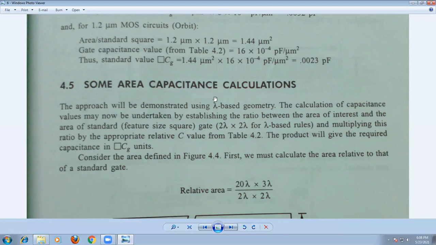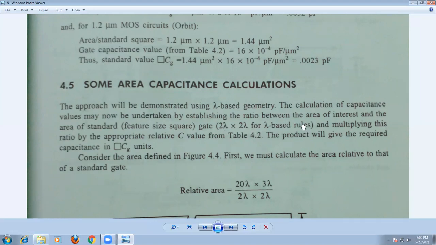Let us consider the standard gate area, the standard feature size square. A transistor can be represented by feature size square, or standard gate area, which is 2 lambda into 2 lambda in lambda based design rules.